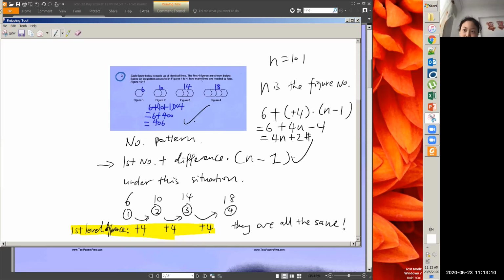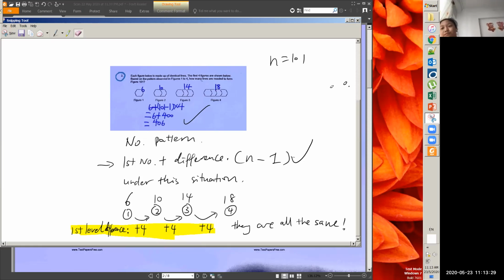Now let me talk about another type of number pattern question. What if you have this? Let me erase this. Pay attention. I'm going to talk about the second type of number pattern question.